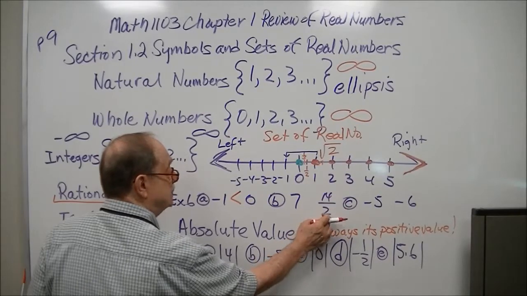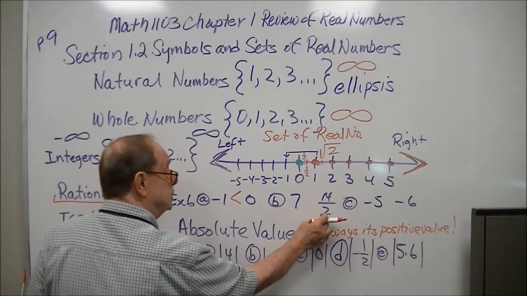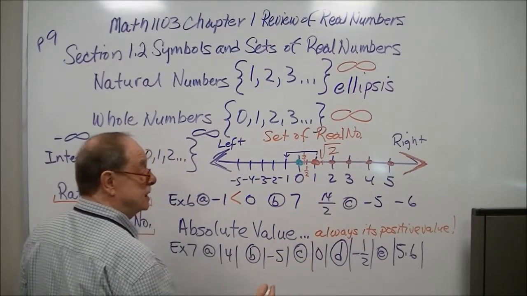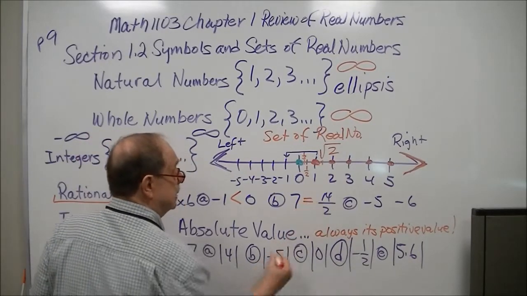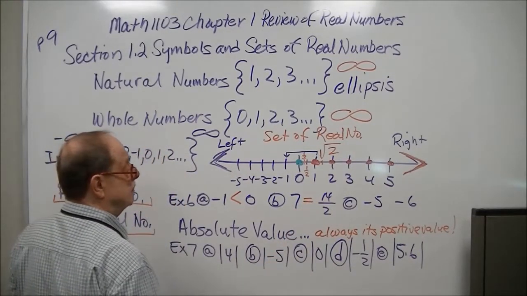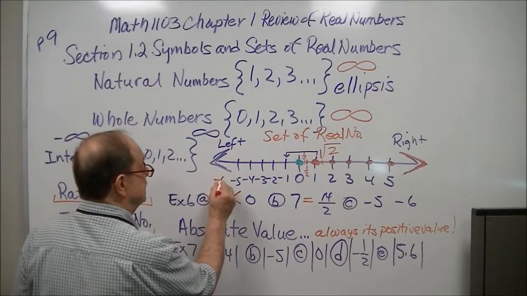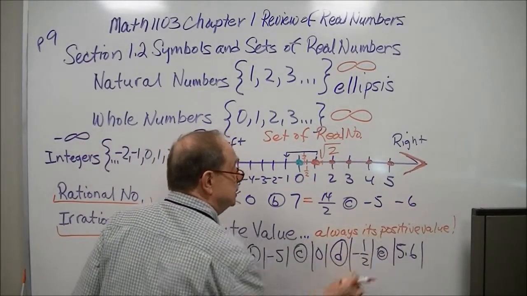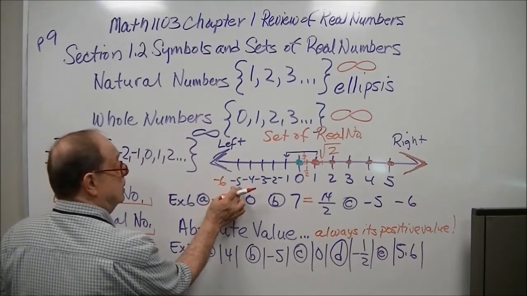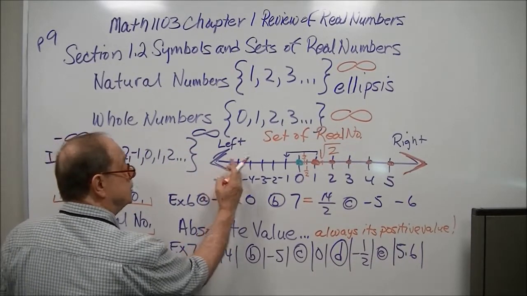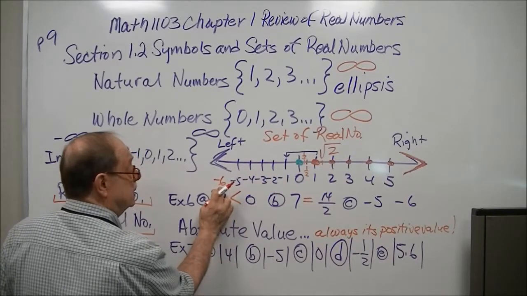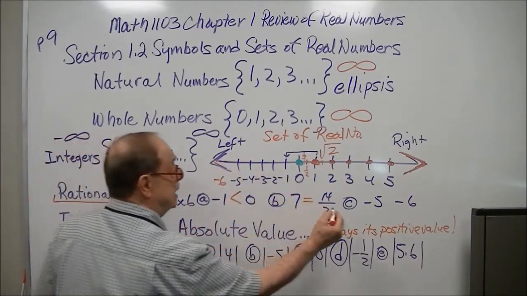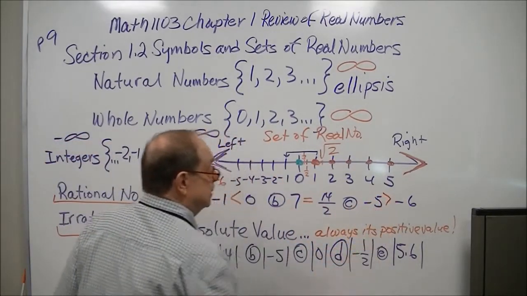Notice 14 halves can be simplified. 2 goes into 14 7 times. So that's going to be equal. Now let's put a -6 over here. -5 is what compared to -6? Well, notice -5 is to the right of -6. Anything to the right, we said, was greater.